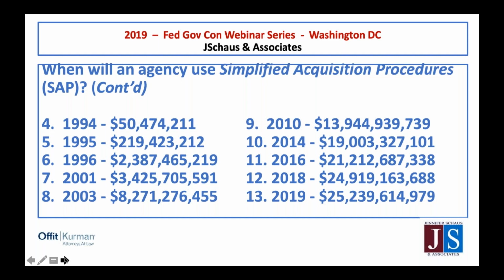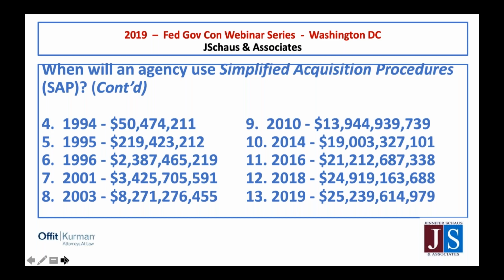In fact, you have more than a 50% increase in the use of the simplified acquisition procedures in terms of dollars spent from 2010 to 2019. And the figures from 2019 could be a little bit off because there's a lag in the reporting of the Department of Defense. There's about a 30-day lag for security reasons.